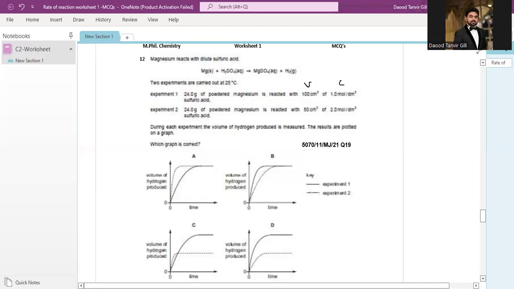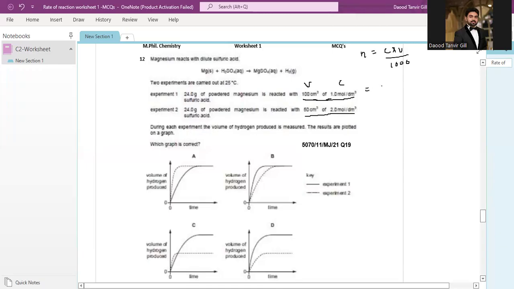For these types of questions, students, there is a tip. First of all, always calculate the moles of the solution or acid. In this case, it is acid. For moles, the formula is concentration times volume divided by 1000, if the volume is in centimeter cube, and yes, it is in centimeter cube.